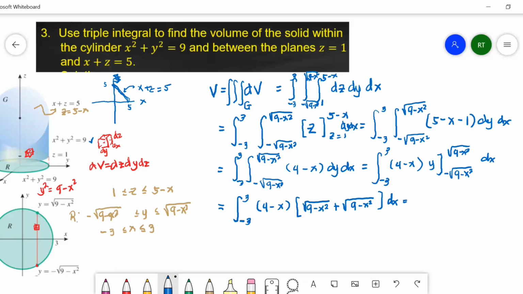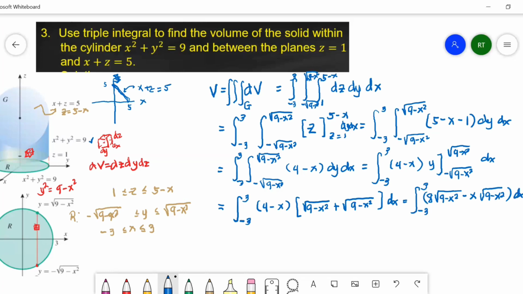So we have the integral from negative 3 to 3. 2 times 4 is 8, so 8 times the square root of 9 minus x squared, then minus x times the square root of 9 minus x squared, times the differential of x.